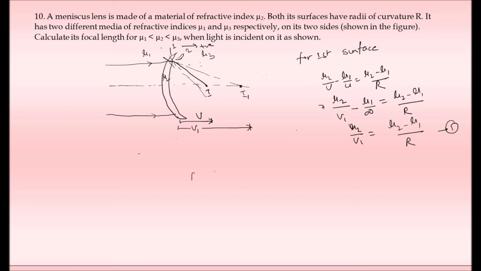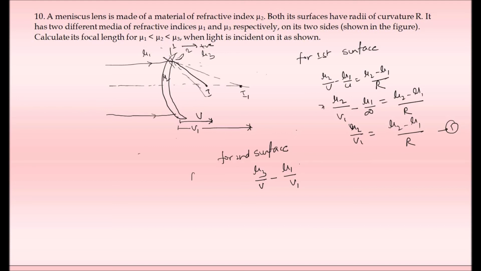Now for the second surface, the light ray is going from medium mu2 to medium mu3. So mu3 by V minus mu2 by V1. This V1 serves as the object for the second surface.